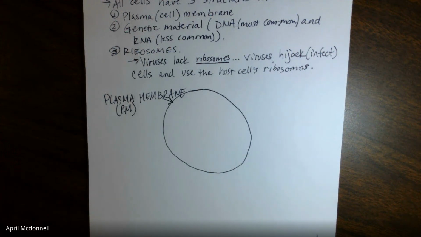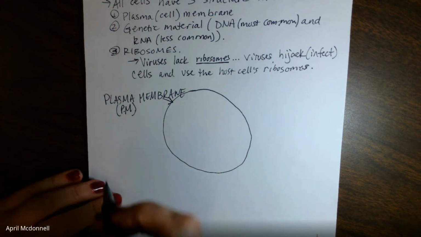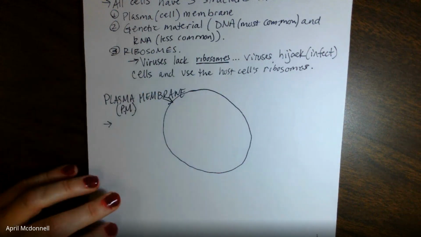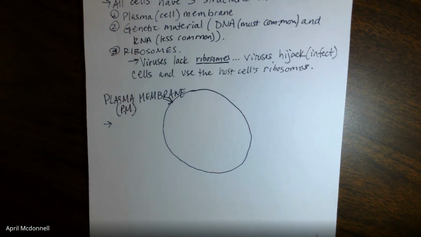The plasma membrane forms a lining that separates the inside of the cell from the outside of the cell. This is important because we want to ultimately control all the activities inside of the cell so we can maintain stability, or what we call homeostasis, inside of the cell. Let's list the function of the plasma membrane of the cell.